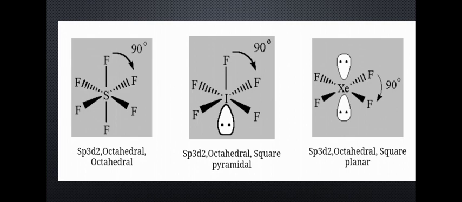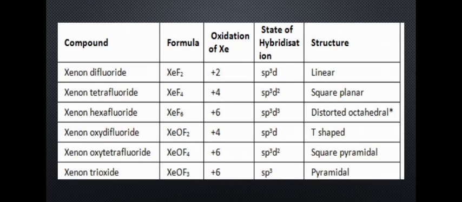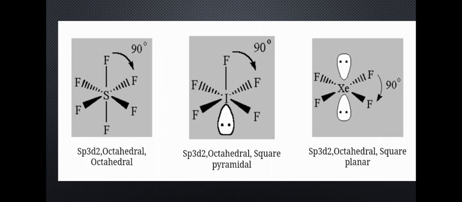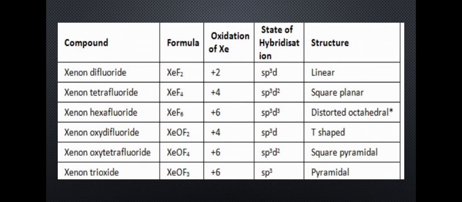And if hybridization is again sp3d2, but you have 4 bond pair and 2 lone pair, then the arrangement is called as square planar. Similarly, there is one more example of the next hybridization, which is sp3d3, which is called as pentagonal bipyramidal.